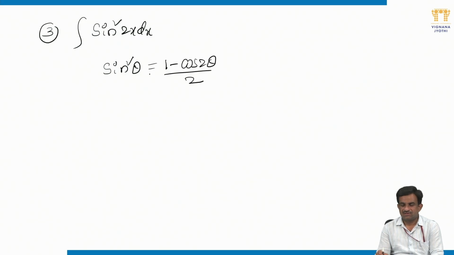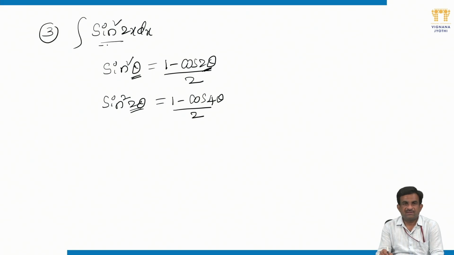Using this, for a multiple angle, we write the formula with 1 minus cos 2 theta. For example, if we have sine square 2 theta, this 2 theta becomes double, so we can write 1 minus cos 4 theta divided by 2.